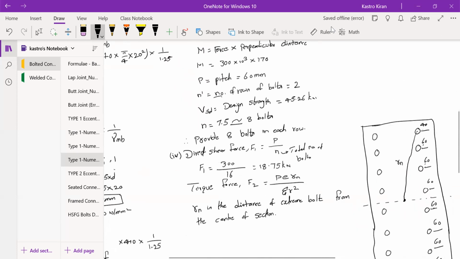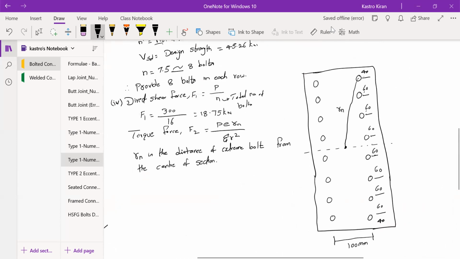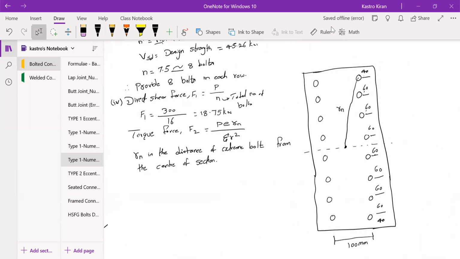What is this gauge distance? From center of the bolt to the center of the another bolt. So this value is 100 mm. Now let's find out the value of Rn. Rn is this distance, that is the hypotenuse distance. So we know this distance and we also know the vertical distance. So the vertical distance and the horizontal distance we know.